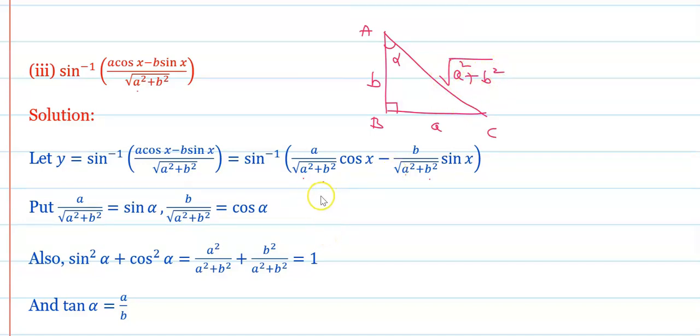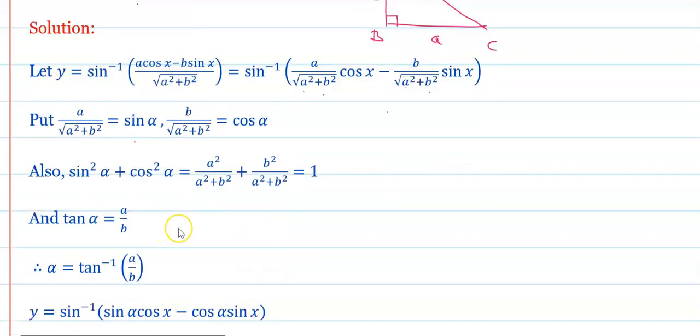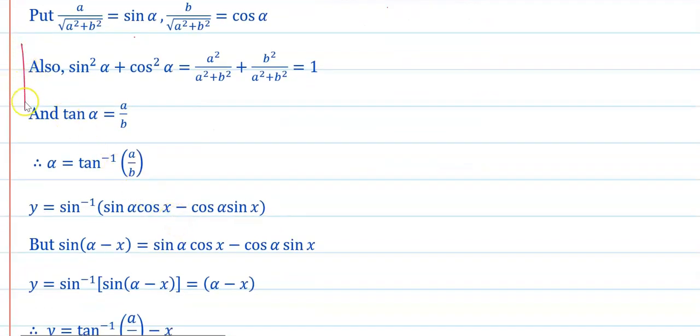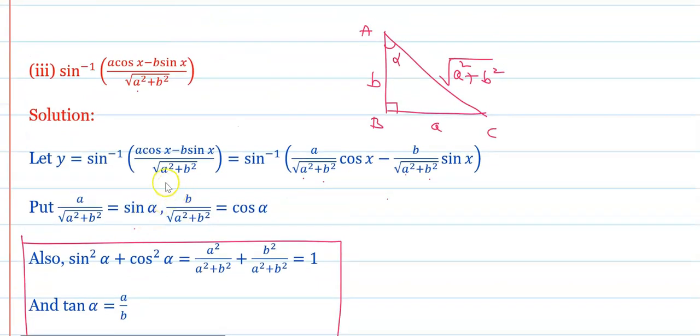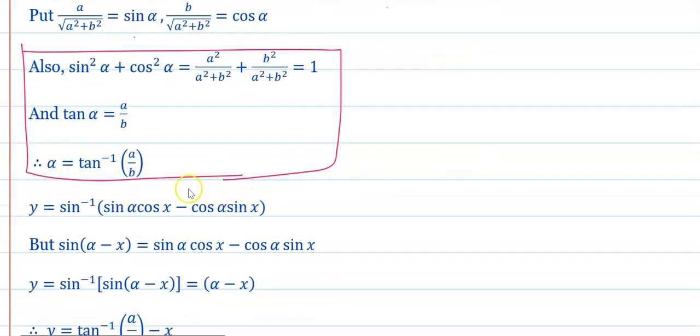And therefore this is sin alpha and this is cos alpha. Again, this is not necessary. Therefore, it is the expansion of sin alpha into cos x minus cos alpha into sin x. Again, this is the expansion of sin of (alpha minus x).